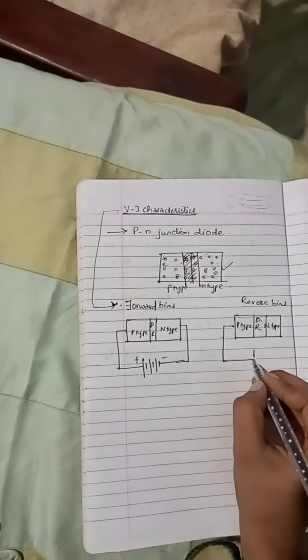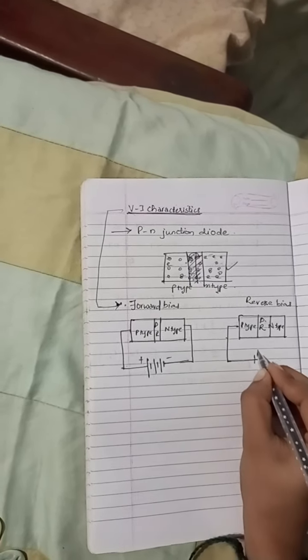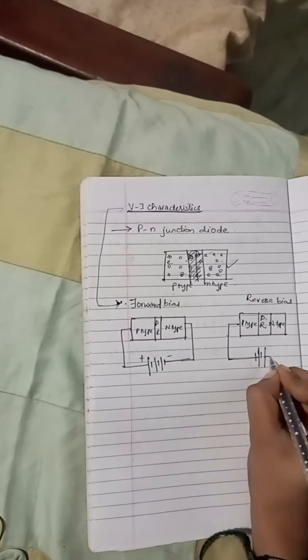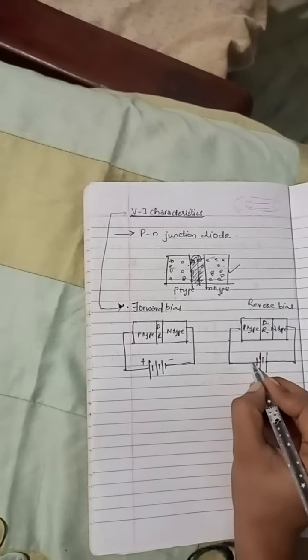Pardon me students, I am very bad at diagrams, as you already know. Once again I am telling you, pardon me for this. Sorry, this is P type, right? This is the negative terminal, this is the positive terminal.